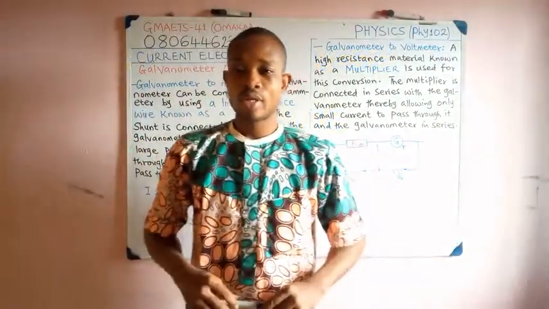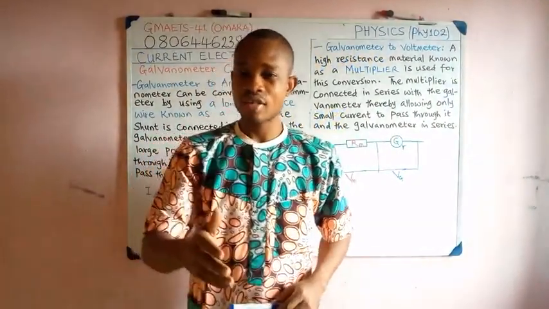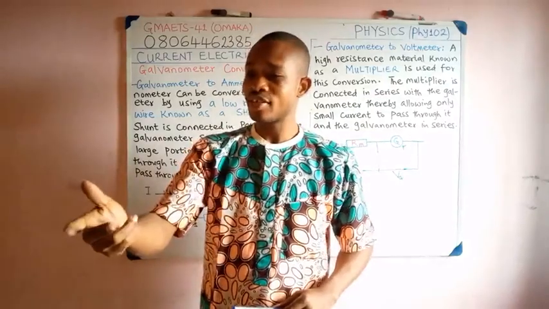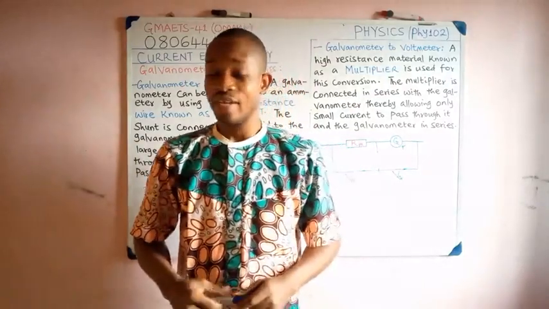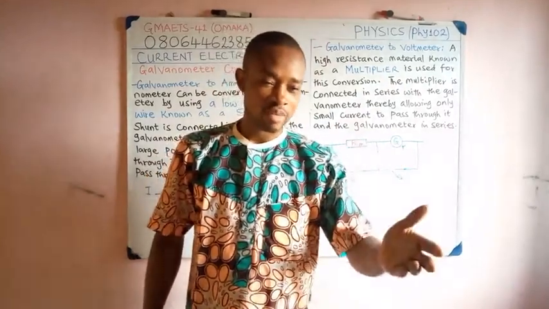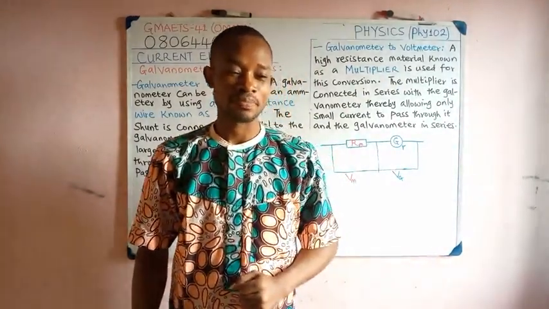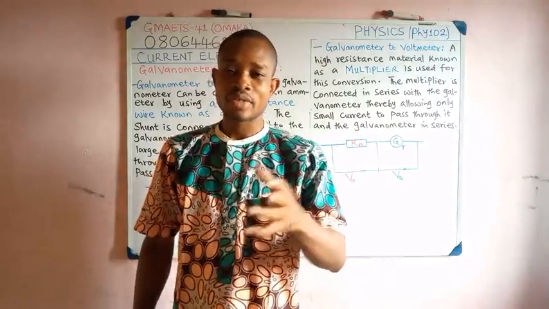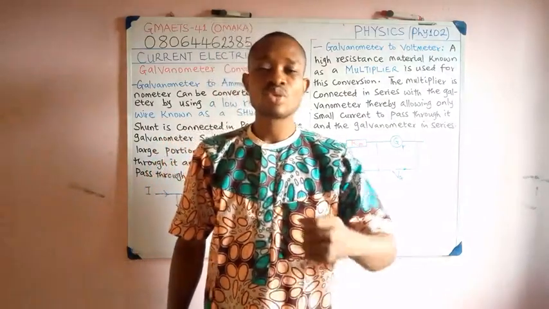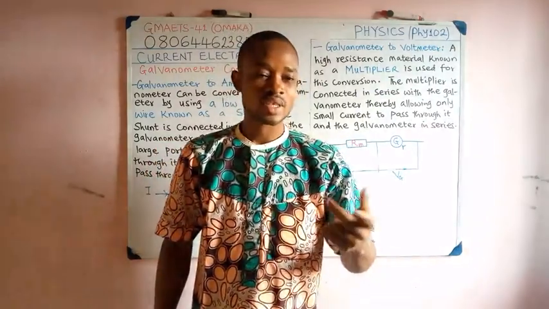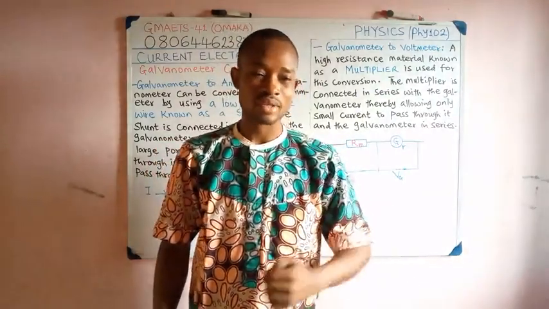In this video, we now want to look at how you can convert a galvanometer to an ammeter and how you can convert a galvanometer to a voltmeter. A galvanometer is a device used to detect a small amount of current.